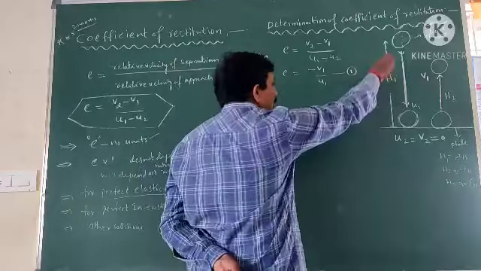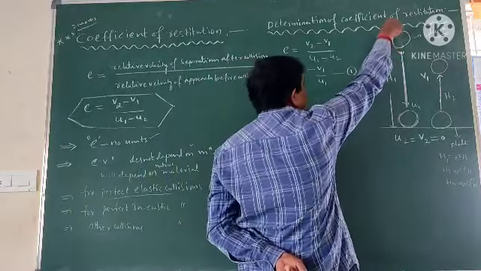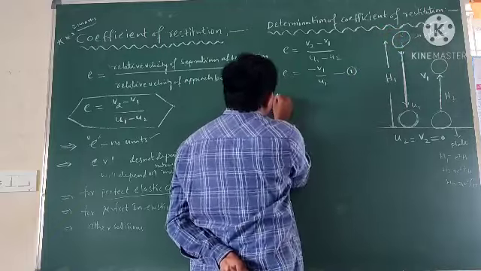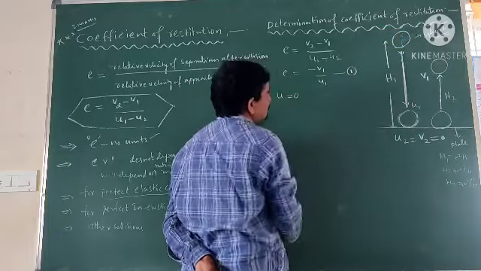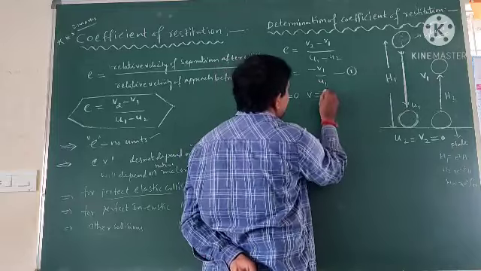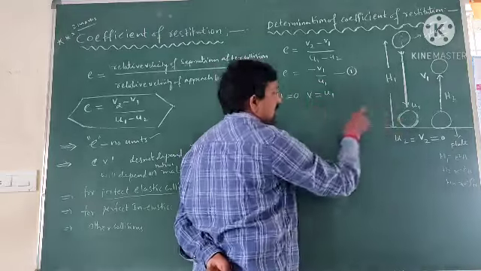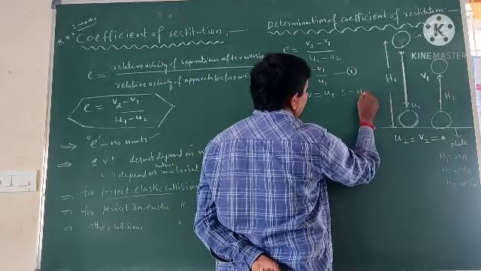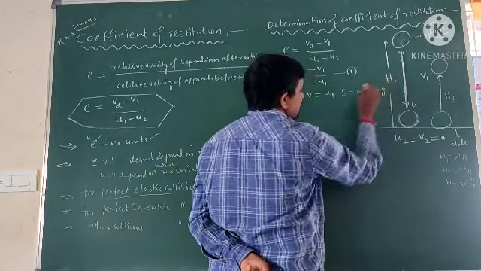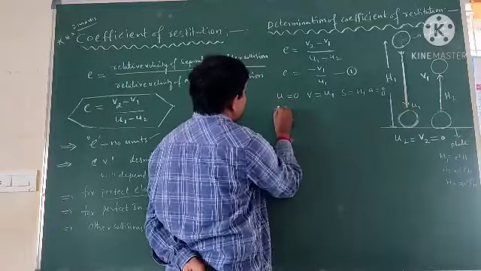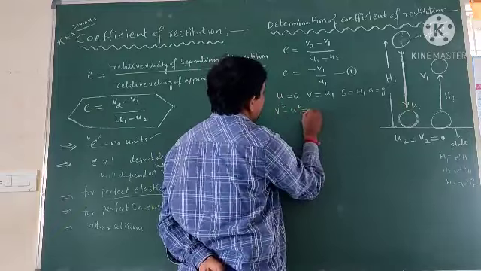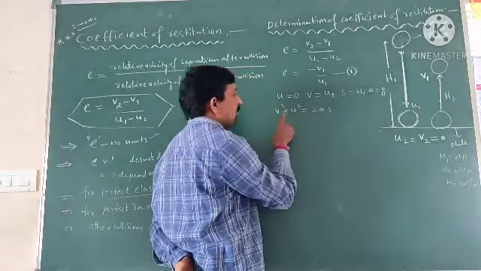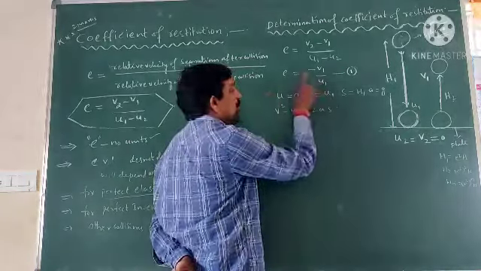Okay. So when a sphere is dropped from a certain height, the initial velocity of the sphere is 0. The sphere hits the plate with u1 velocity, so v is equal to u1, s is equal to h1, and acceleration a is equal to g. Substitute these values in the equation v square minus u square is equal to 2as. By using this equation, we can find the u1 value.